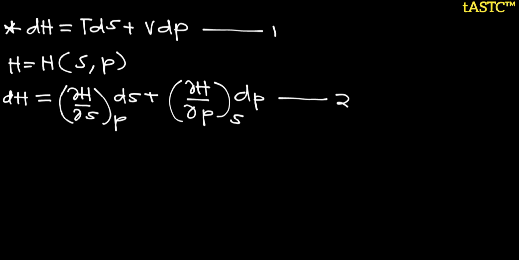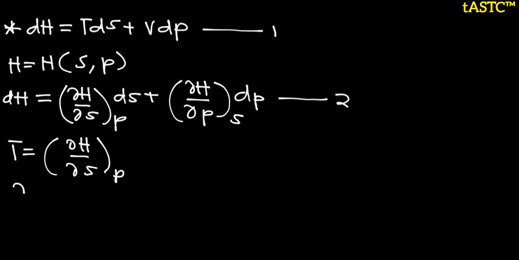Now we need to compare it as usual. Here we're going to have that T is equal to this stuff. So the first one we have that T is equal to partial H partial S at constant P. So what we actually need to do is differentiate both sides, this time with respect to the pressure, and we're going to keep the entropy as a constant.